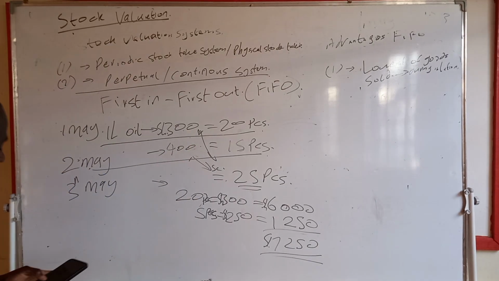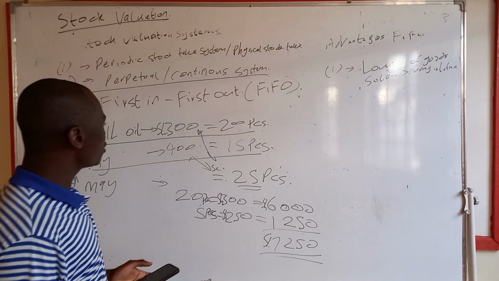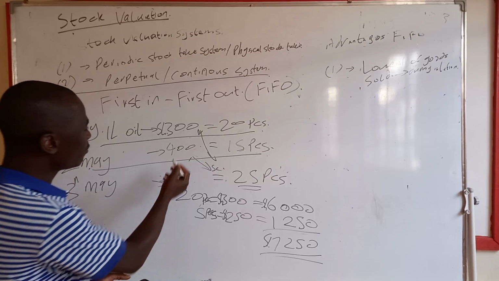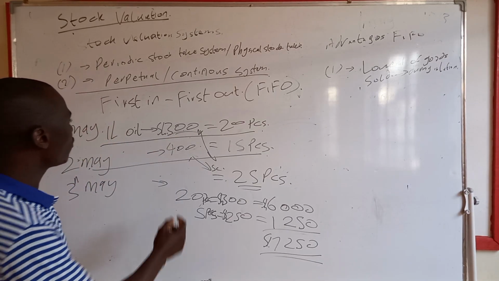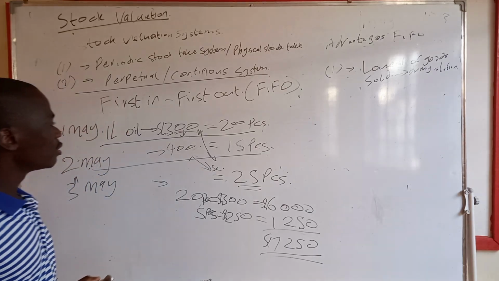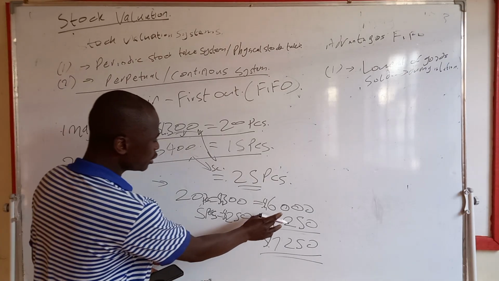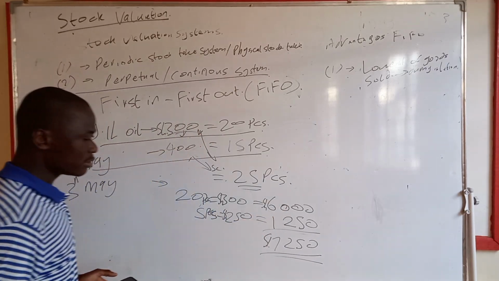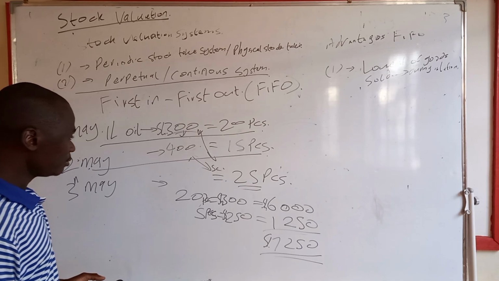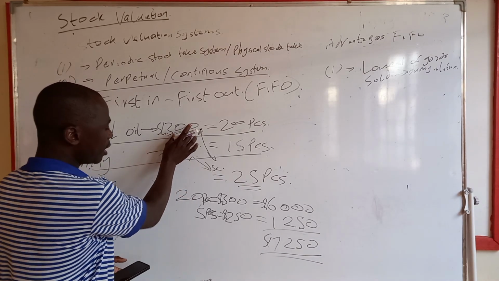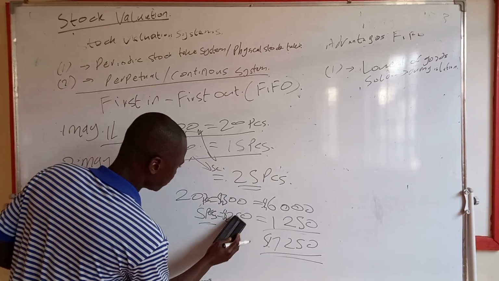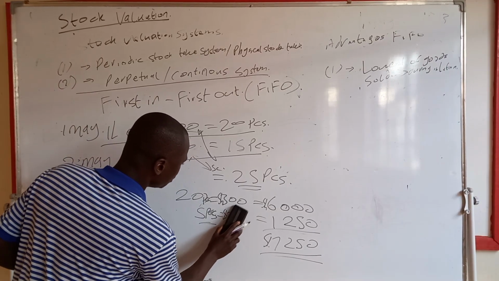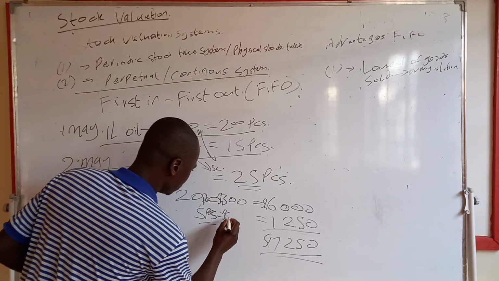You'll notice that the first items that you will sell are from this point, from first in, first out. So from the first items bought, this value will remain the same. It will be cheaper than this one, which will return to be 400.